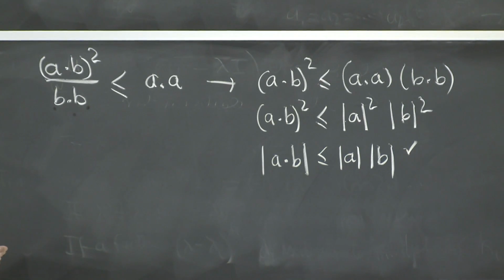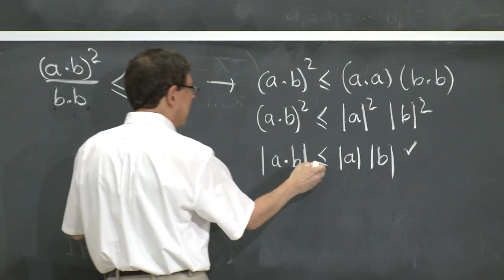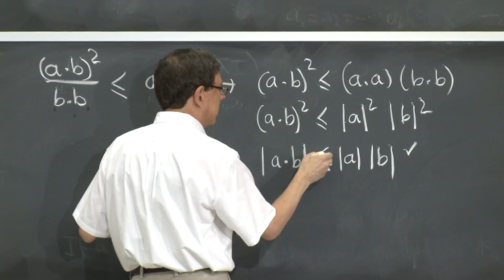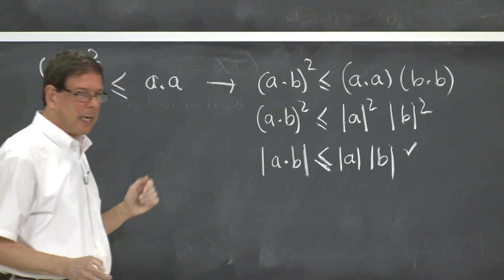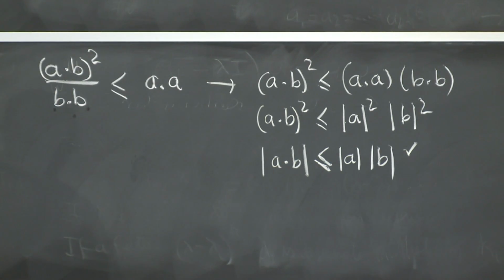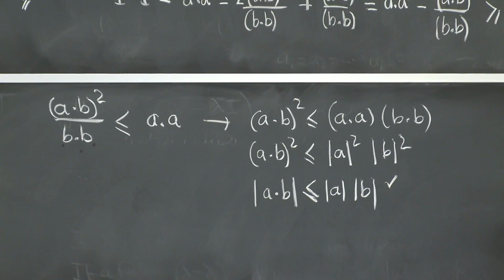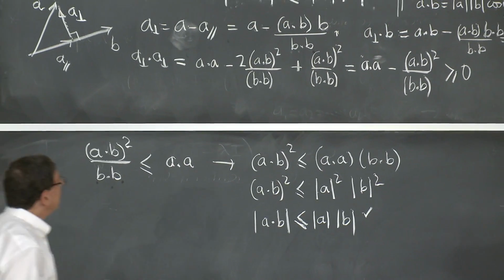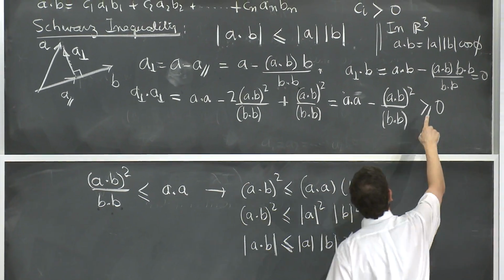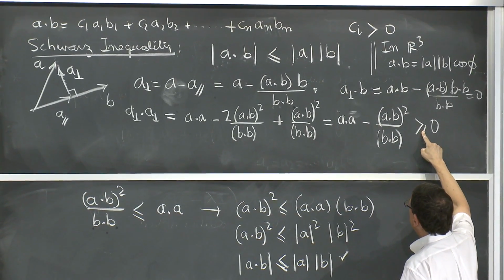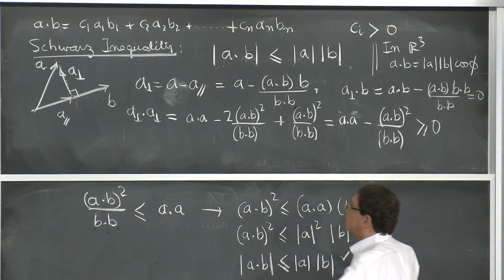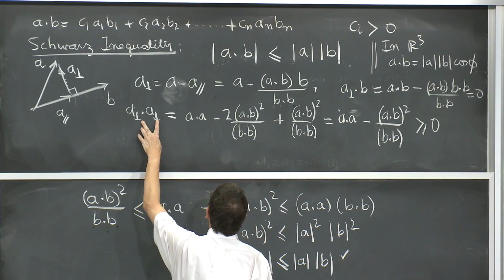The only way it would be saturated, and you always ask, when does it saturate? What it means is, when is it not an inequality, but rather an equality? And the answer is that it would saturate if this would be an equality, and that would be an equality if the vector A perp would be 0.